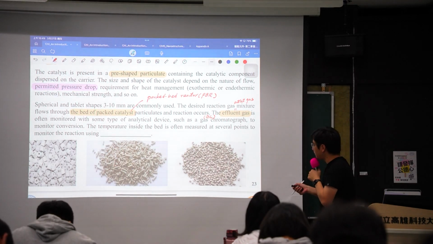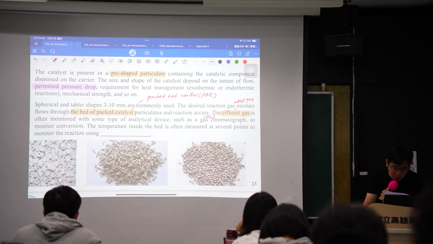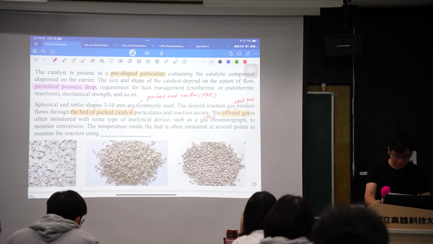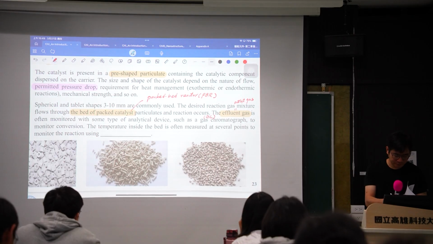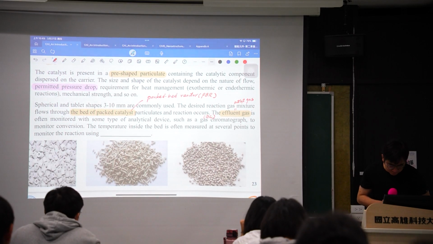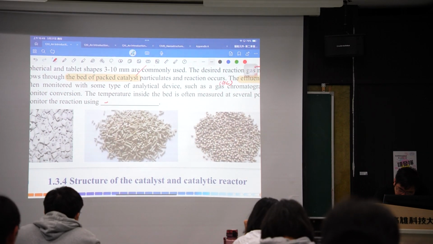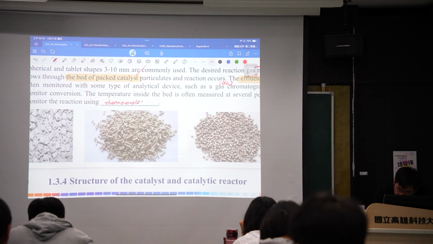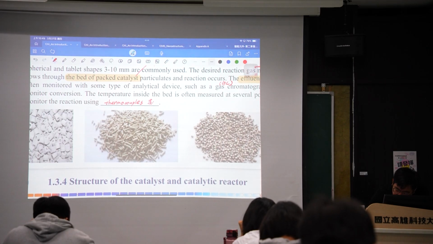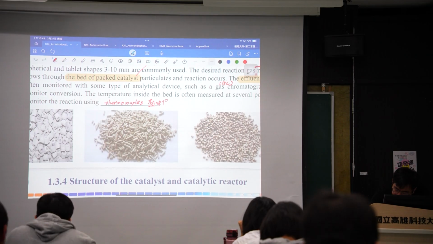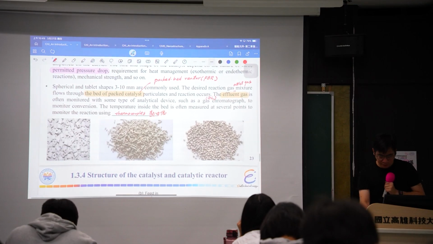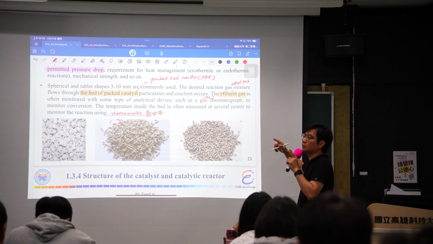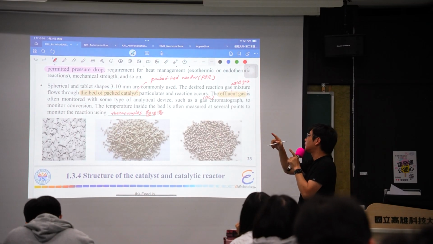Okay, so how about temperature? The temperature inside the bed is often measured at several points to monitor the reaction using thermocouple 热电偶, thermocouple. Okay, because here we have to make a very long bed, like 10 meter long, so you have to monitor several points, monitor temperature at several points.